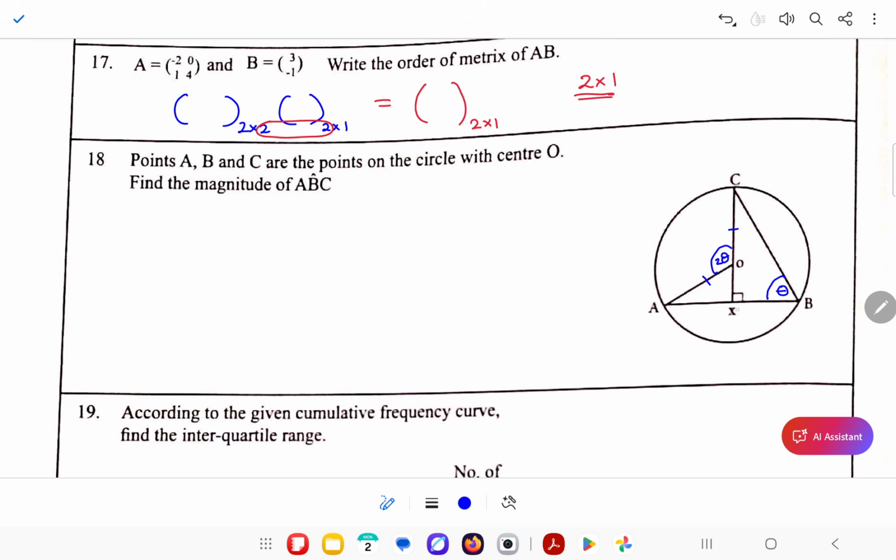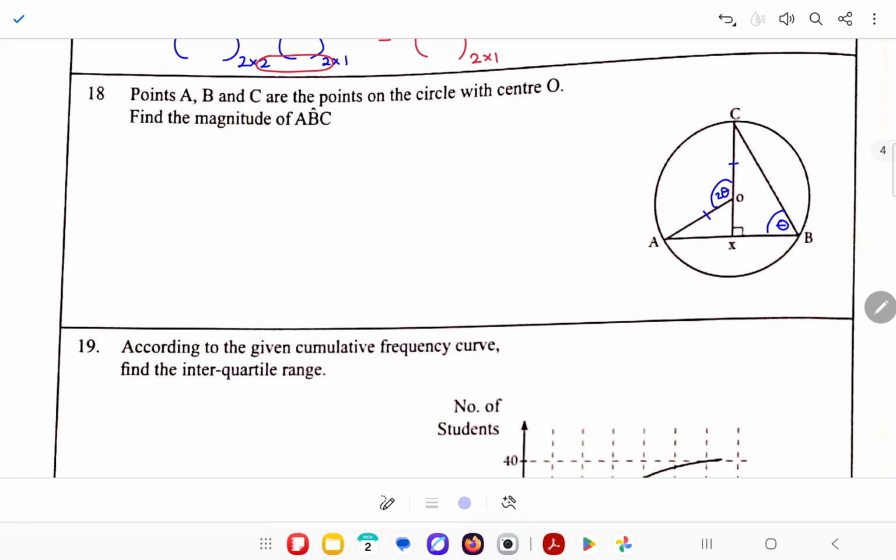CX is perpendicular to AB and goes through the center, means CX is the perpendicular bisector of AB. So these two are also equal, AX and XB. Now how to find this?